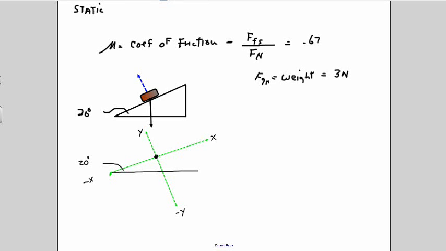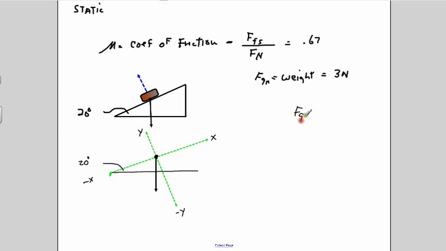Okay, let's start with the force weight. The force weight pulls down toward the center of the Earth. And we're going to label this force weight or force of gravity, either one. Let me put it over here so you know that it's all the same thing.